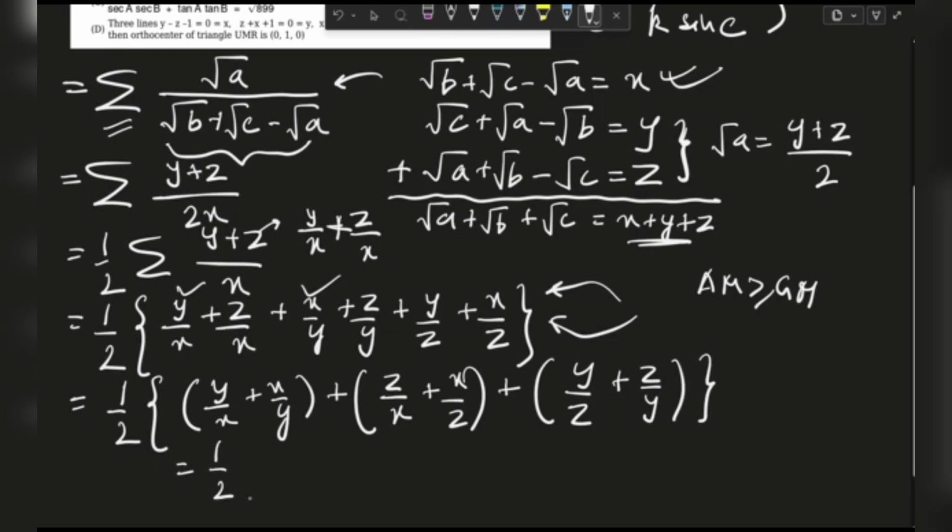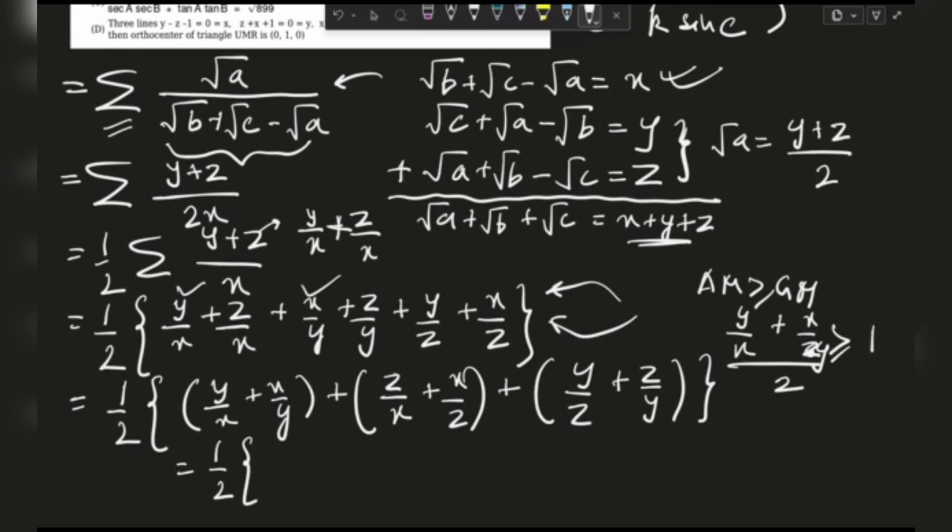Now we can write this as half multiplied by each pair. Each pair divided by 2 is greater than or equal to the root of the product of the two terms, which is 1.